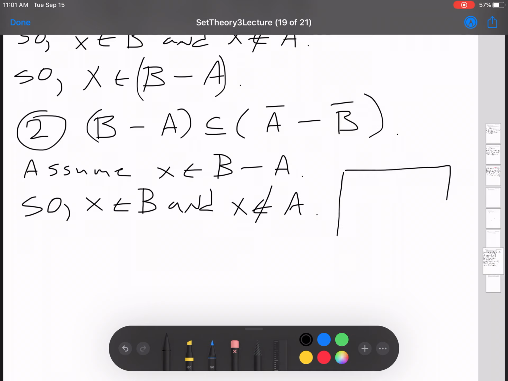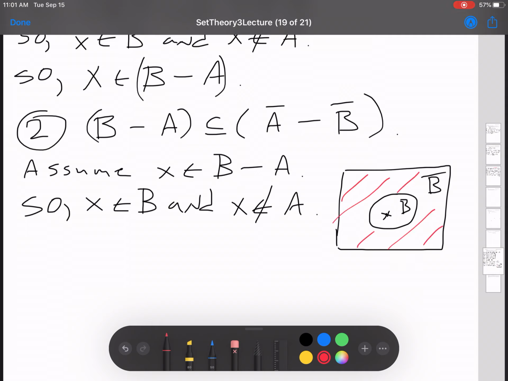So again, let's say this is B, then out here is B complement. So if you're in B, then you're not in the complement. Complement would be red there. So if you're inside B, then you're not in B complement.